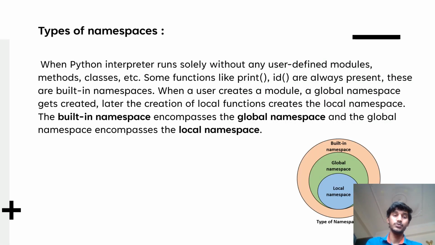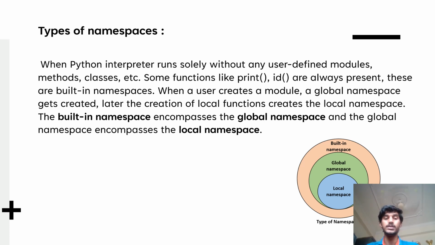Types of namespaces. When the Python interpreter runs solely without any user-defined modules, methods, classes, etc., some functions like print and id are always present. These are built-in namespaces. When a user creates a module, a global namespace gets created. Later, the creation of local functions creates the local namespace.